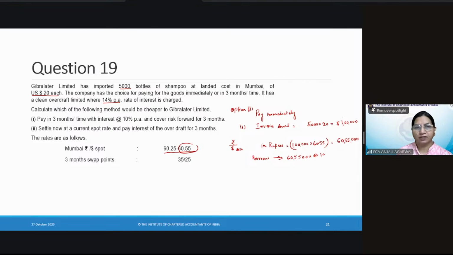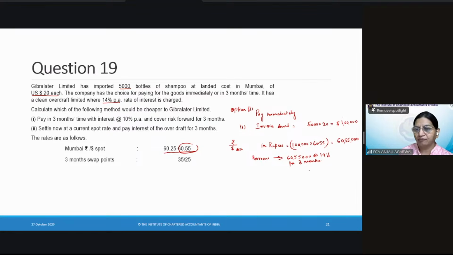Overdraft limit is 14% for how many months? For 3 months, right? So 60 lakh 55,000. Now 14% for 3 months, you can do 14 divided by 400 plus 1.